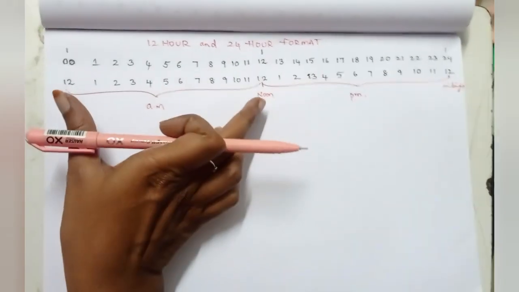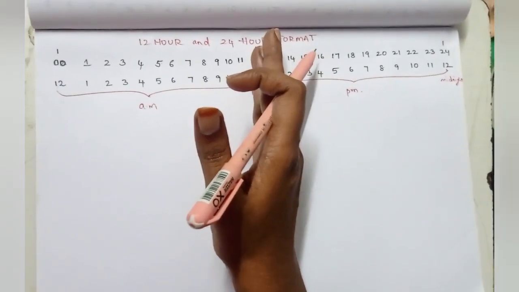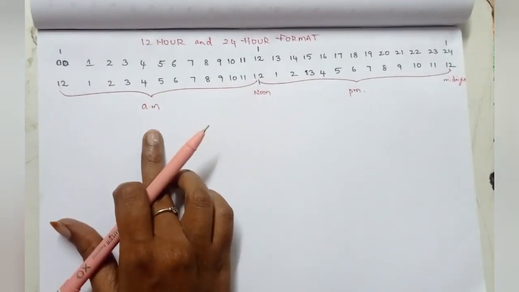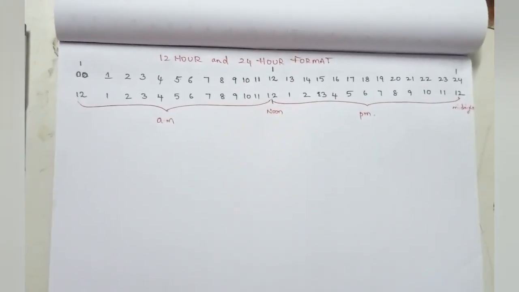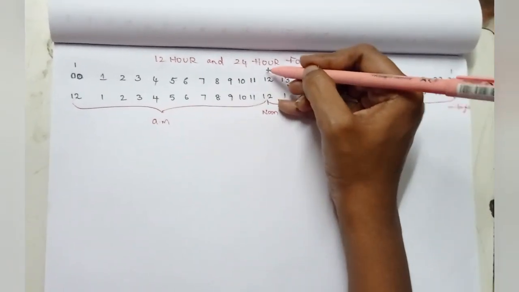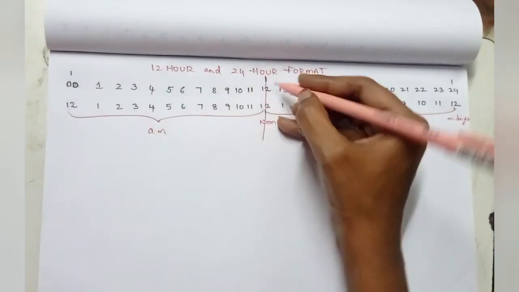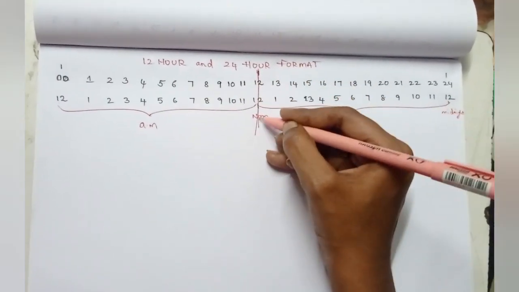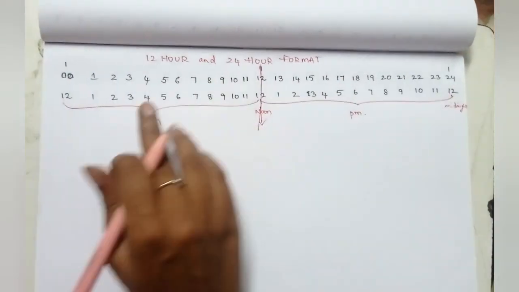So from 12 midnight to 12 afternoon it is half a day, where we say the time as AM, and from 12 noon to 12 midnight it is PM. It is afternoon, evening and night time, right? So when you observe this table, the bottom one is the 12-hour format and the top one is the 24-hour format, where 12 is a median line, which we consider as the main line for before and after, right?